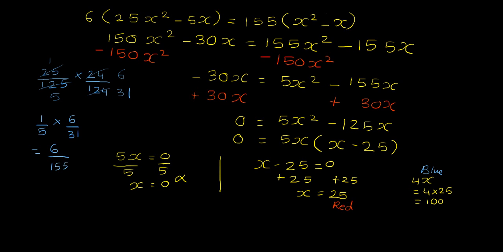If you rewind back the video, it says the probability of taking 2 red counters for Linda was 6 over 155, and I get that now, so I know that my answer is correct. So this bubble bit is my check. Just write check over there, and I can leave my exam knowing that I've got this question right.